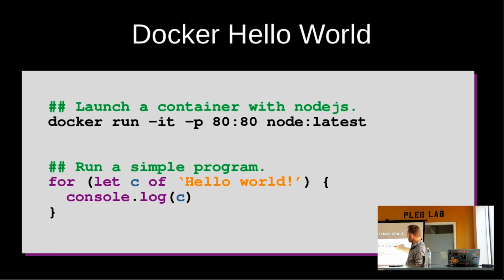If you're launching or building an image that is within your own project, you just put a dot here. Get rid of the node latest and just put a dot, and you'll reference whatever Dockerfile is inside your project. But the cool thing about Docker Run is you can actually name images that are on Docker Hub.